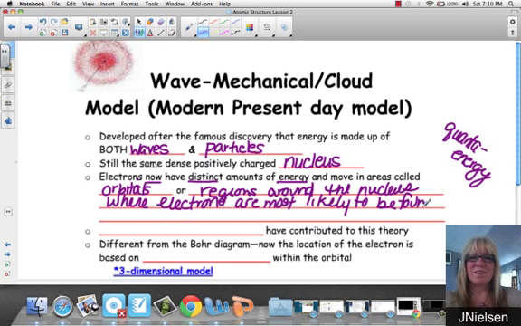The Regents exam loves to use the words probable location.